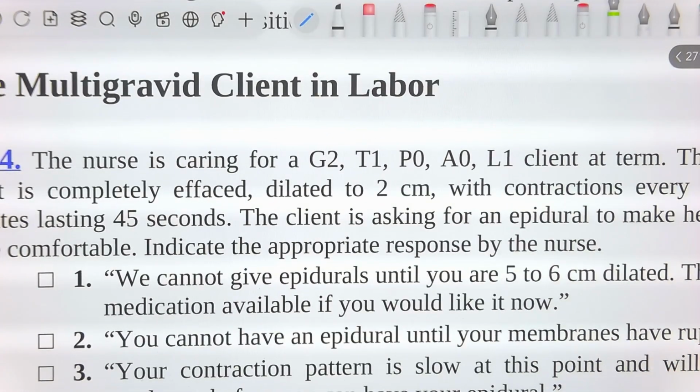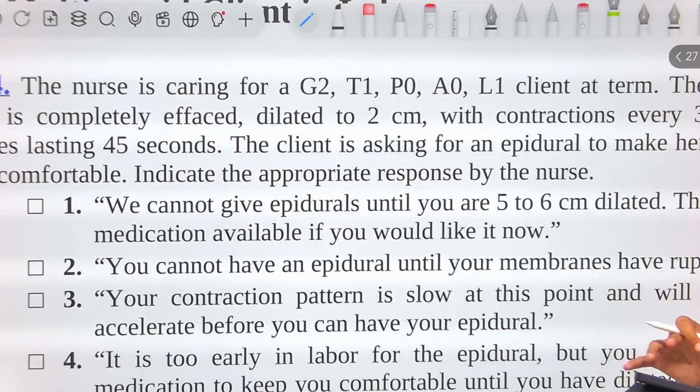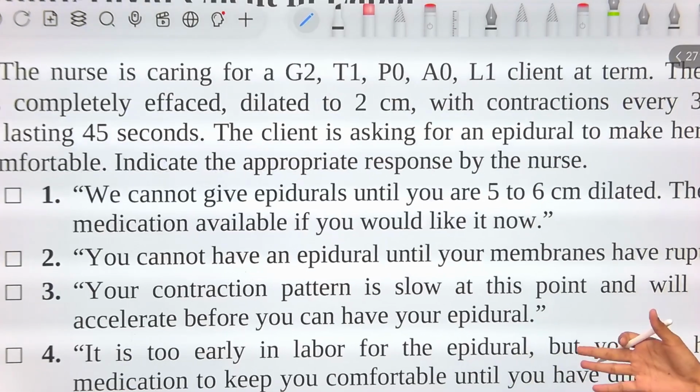The nurse is caring for a G2T1P0A0L1 client at term. The client is completely effaced, dilated to 2 centimeter with contraction every 3 minutes lasting for 45 seconds. The client is asking for an epidural to make her more comfortable. Indicate the appropriate response by the nurse. So you have 4 options on the screen.